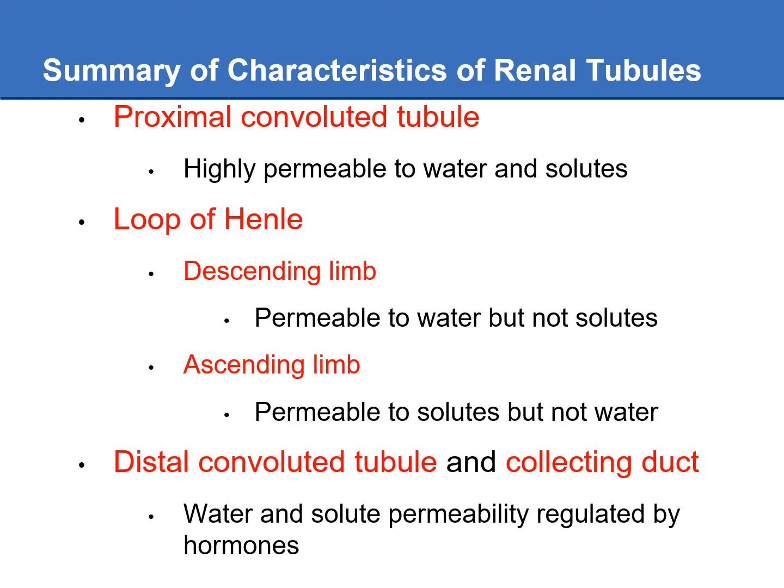The ascending limb coming back up towards the renal cortex is permeable to solutes but not water. So they're just the opposite of each other. The distal convoluted tubule and collecting duct are permeable to water and solute, but they're going to be regulated by hormones.